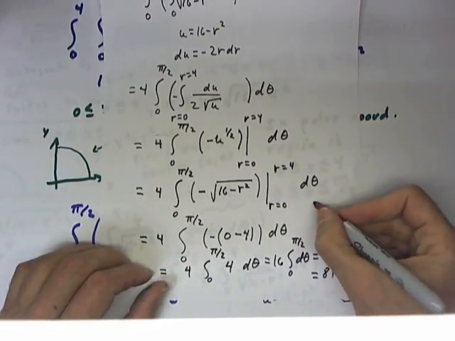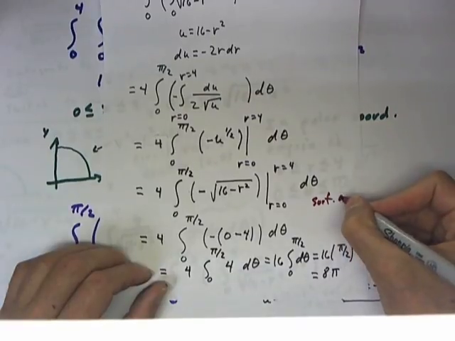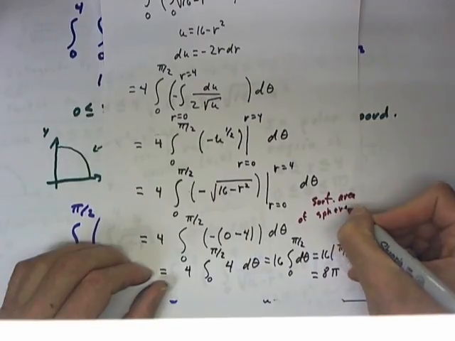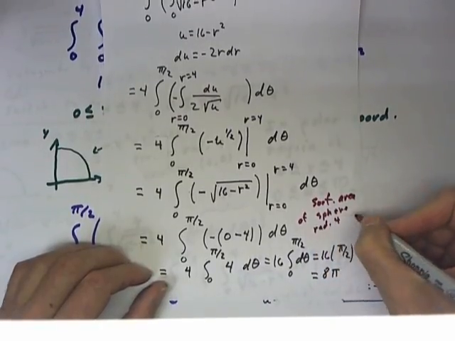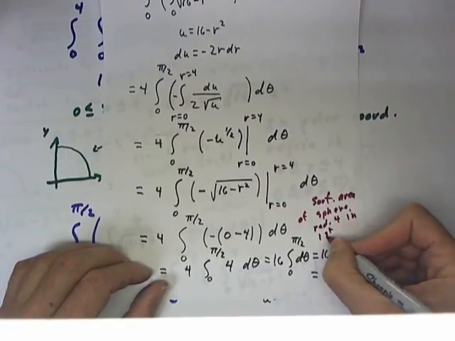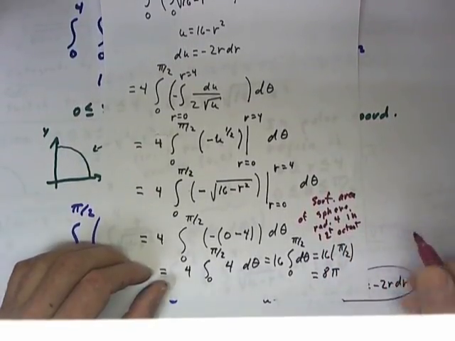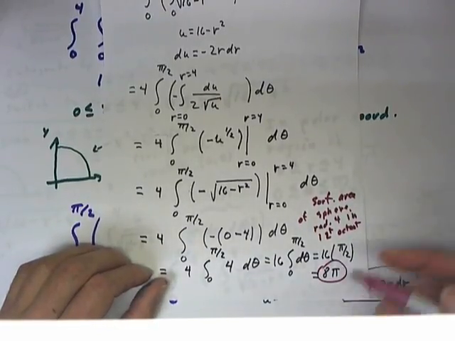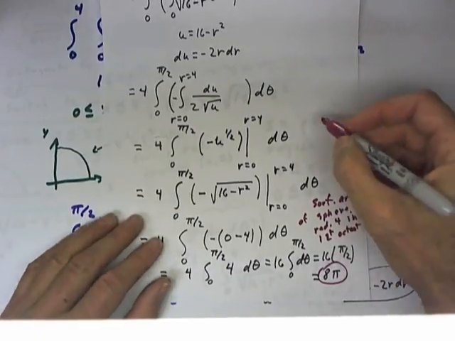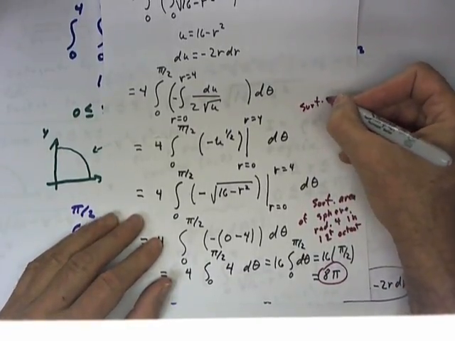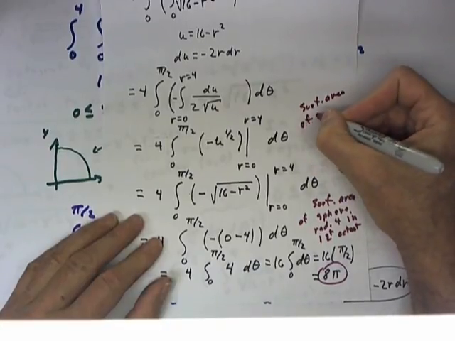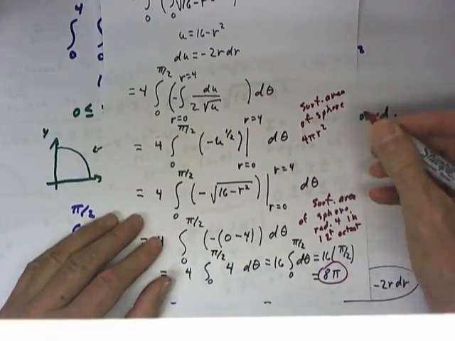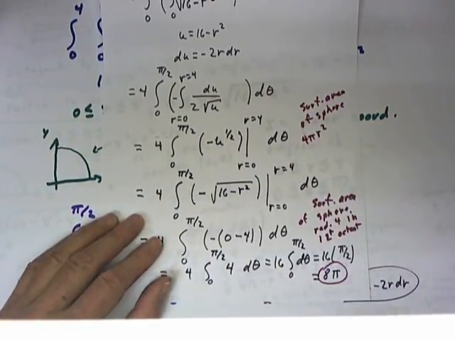Let's recall that this is the surface area of a sphere, radius 4 in the first octant. You'll recall from middle and high school geometry that the surface area of a sphere is 4 pi r squared, where r is the radius of the sphere.